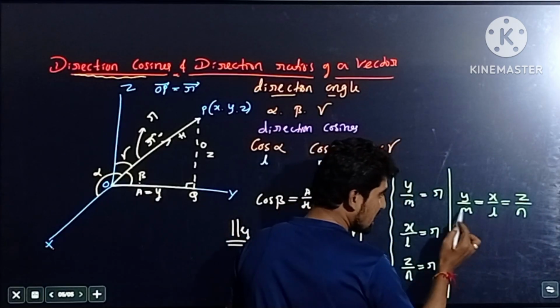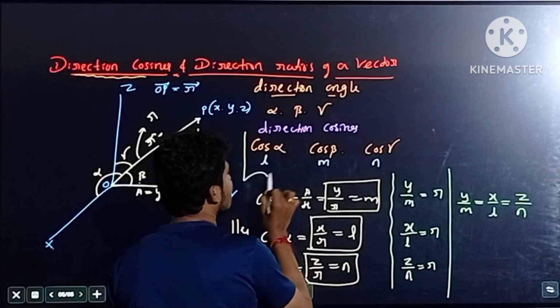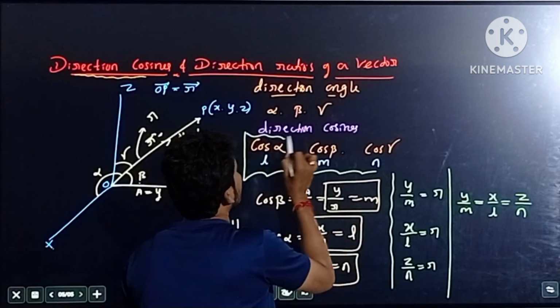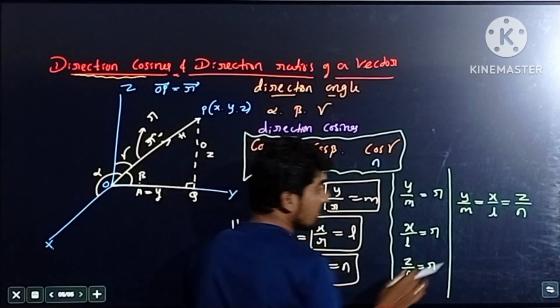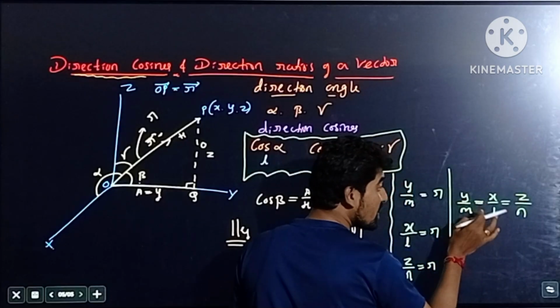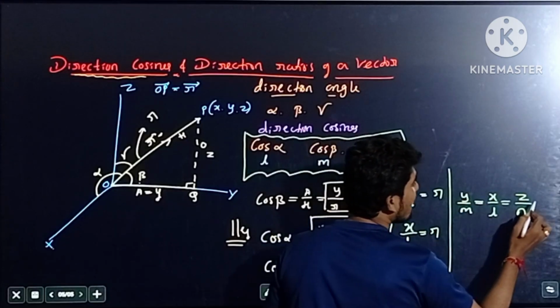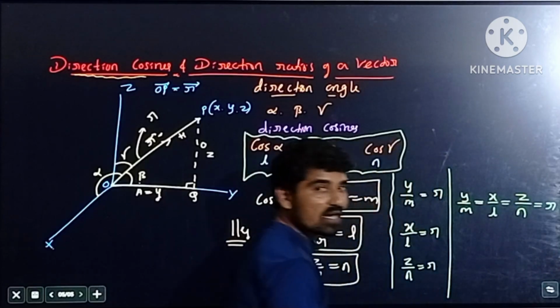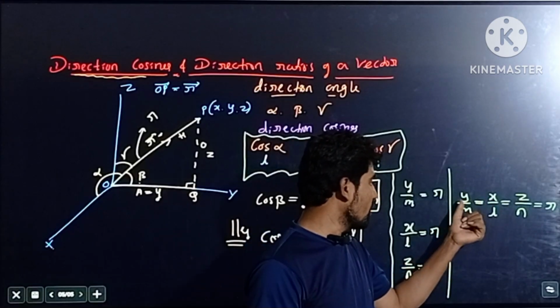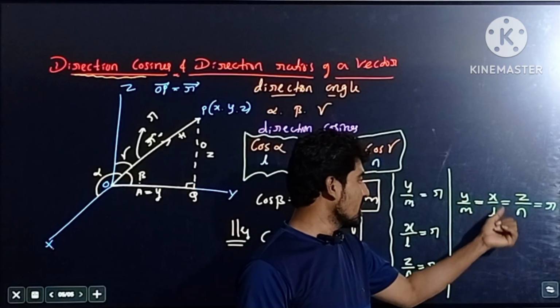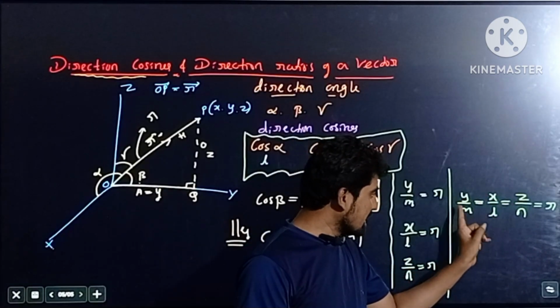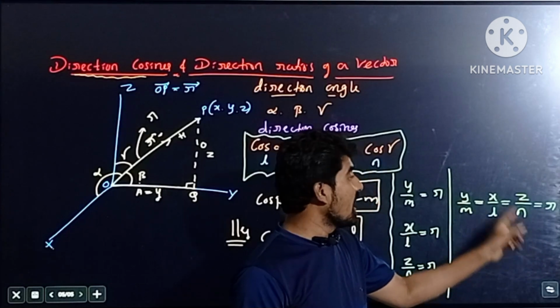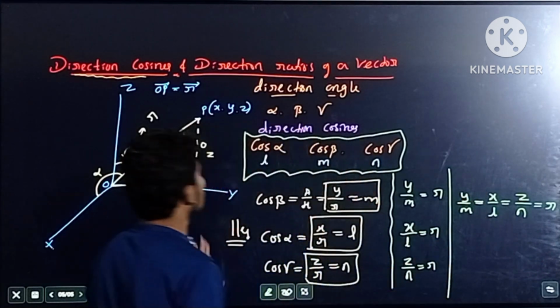Now observe here, L, M, N are the direction cosines. And these x, y, z are the numbers which are proportional to this L, M, N. That's why it is equal to r. So the numbers x, y and z are the numbers proportional to what? L, M and N. And these numbers are called direction ratios.